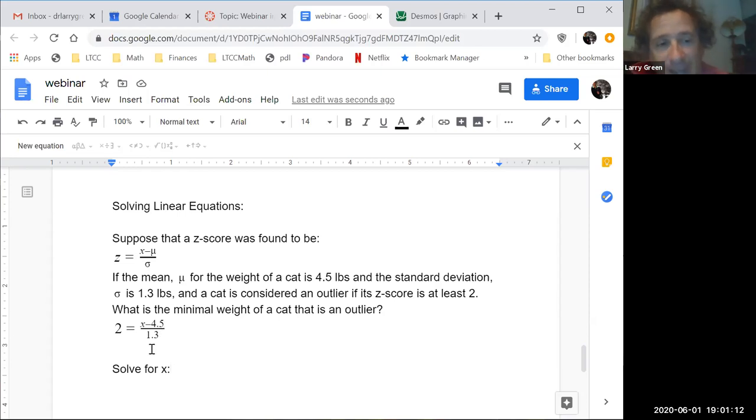So now to undivide, you multiply. So 2 times 1.3 is equal to x minus 4.5. Okay, what's the next step you have to do to get x by itself? Yeah, we add 4.5.